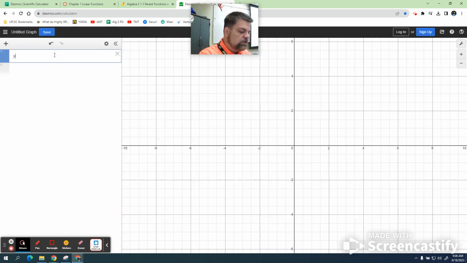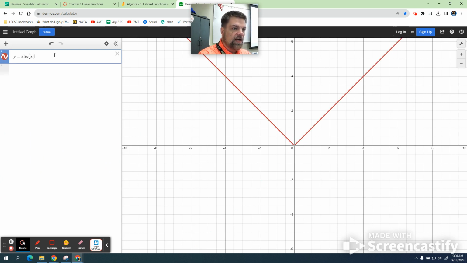And so the parent function is y equals the absolute value of x. And there's the parent function, okay? And I'm going to type this in a little fancy.